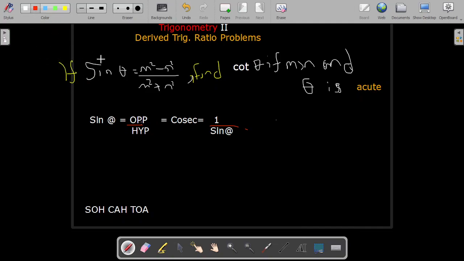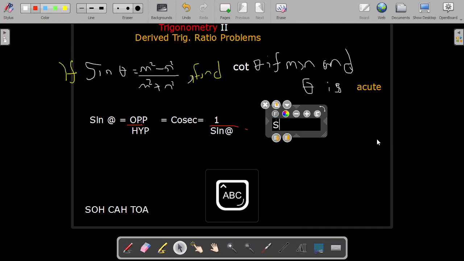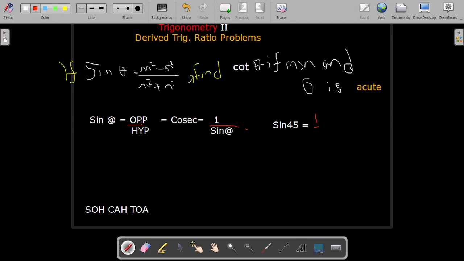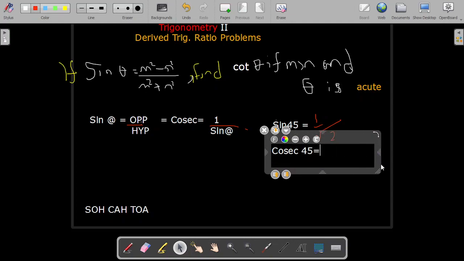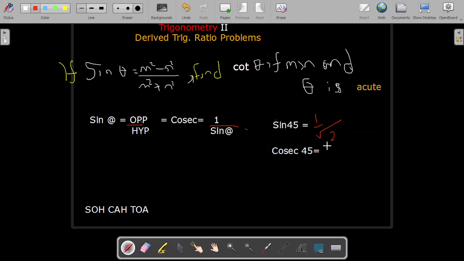As we know, sin 45 degrees is equal to 1 over root 2. Therefore cosec 45 is equal to root 2 over 1, as you should know already. It is the reciprocal of sine.